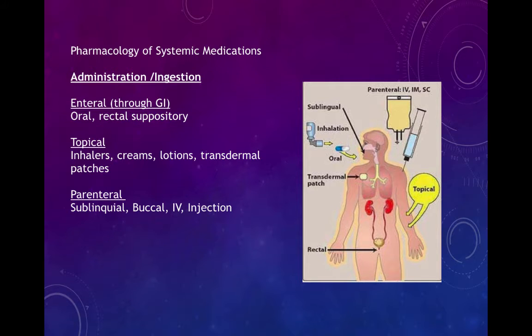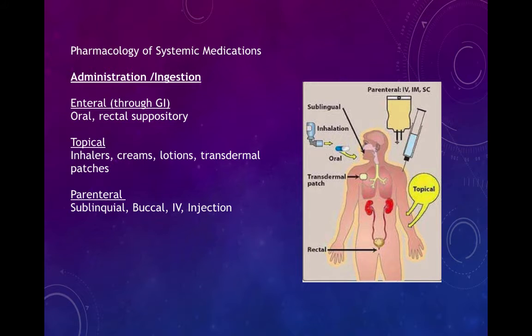One important thing to realize is that these different routes of administration often determine the onset of action. Also, the concentration of the drug is different with different routes. For instance, if you give a medication by mouth, enterally through the GI tract, the drug undergoes dissolution, gets absorbed through the intestine, and then goes to the liver.